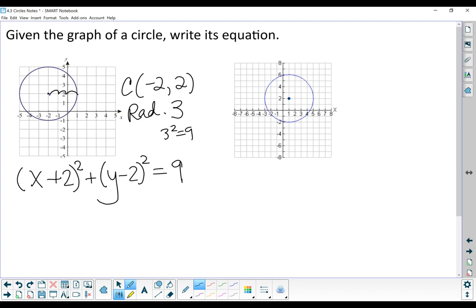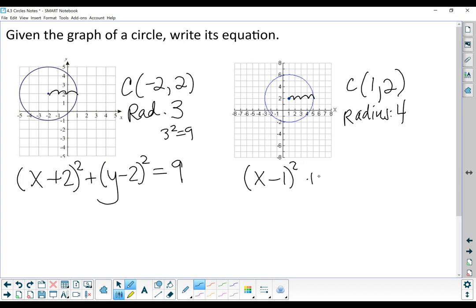This next circle has a center at 1, 2, and the radius here is 1, 2, 3, 4. So our equation is going to be x minus 1 squared plus y minus 2 squared is equal to 4 squared, which is 16.